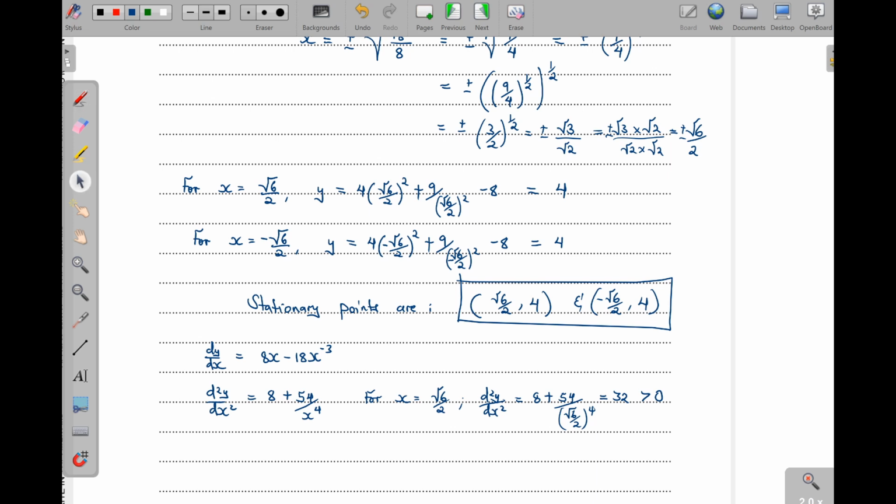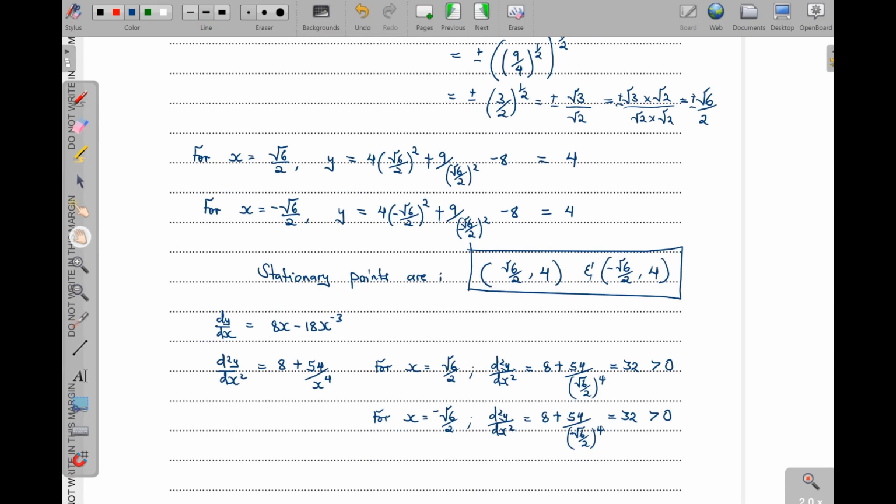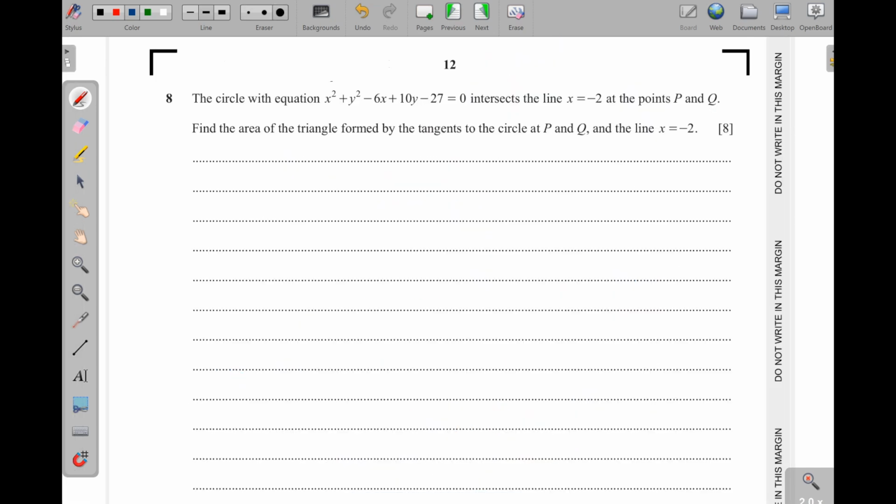We shall also say for x which is equal to negative root 6 over 2, I get the same thing. Then we shall say both are minimum points. That is their nature. Question 8 is coming from circles.